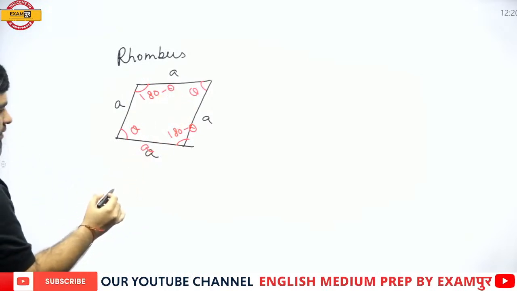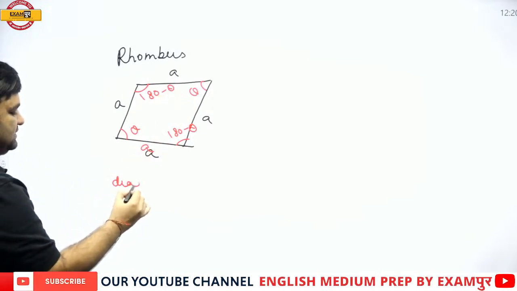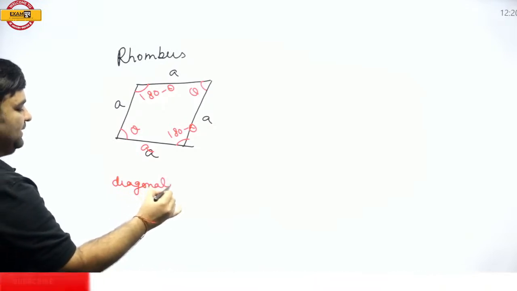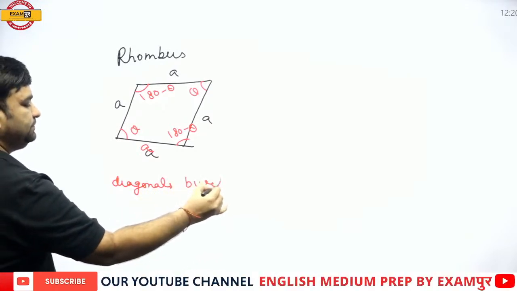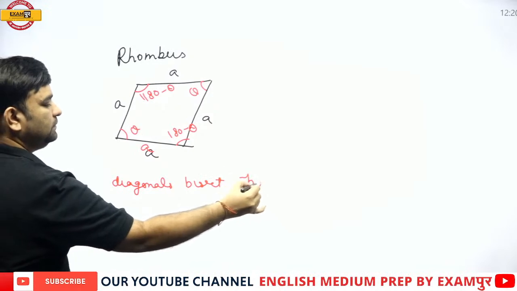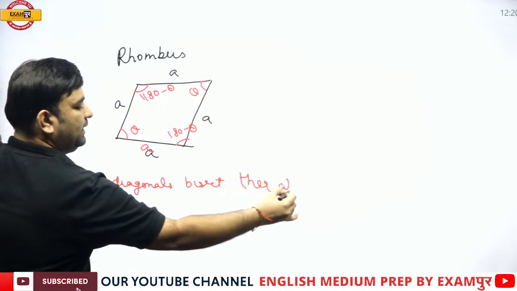Diagonals bisect each other at 90 degrees.